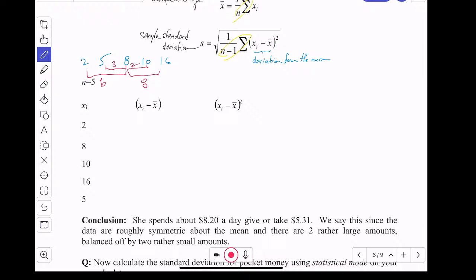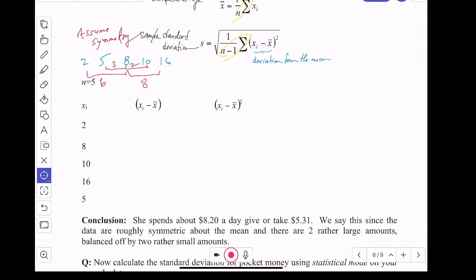So roughly it's spread out symmetrically. It's a little bit more on the outside, but on the inside, it's a little bit more to balance off on this side. So they sort of balance each other out. So we'll just assume symmetry in the data. Now we can take an average comfortably.